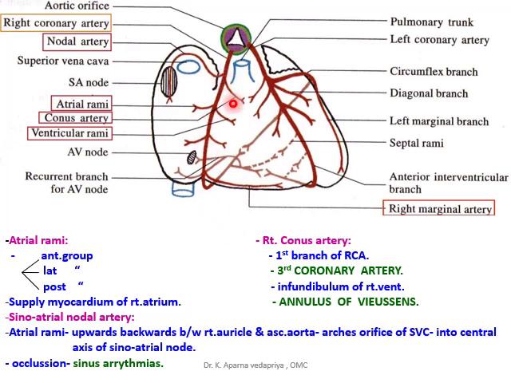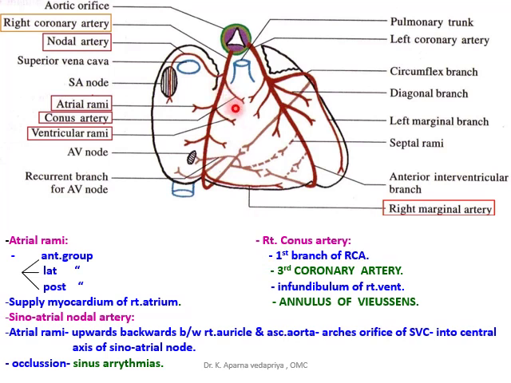At times, this right conus artery may arise directly from the anterior aortic sinus along with the right coronary artery. Then this right conus artery is known as the third coronary artery.